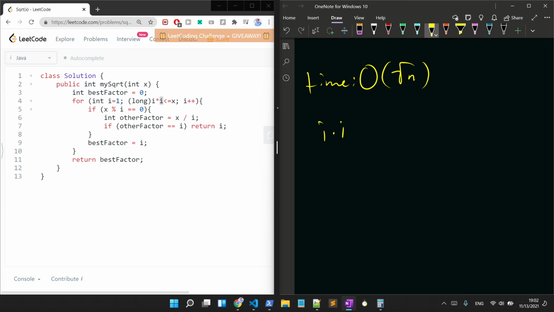Remember, i times i less than or equal to x is the same as i being less than or equal to the square root of x. That's just square root of n iterations. So the time complexity, because everything else is constant, is O of square root of n, and space is constant, O of 1.